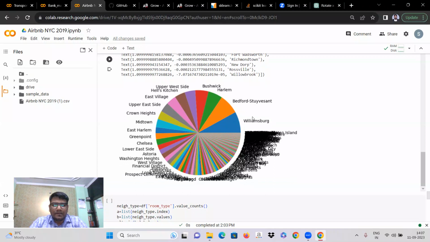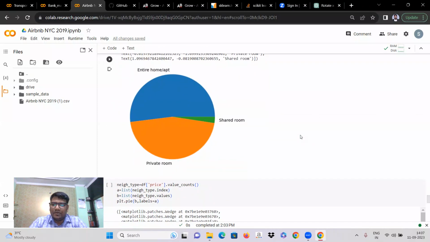So Williamsburg, Bedford-Stuyvesant, Harlem, Bushwick: these are the places where we are able to see the highest peaks, which we were unable to determine exactly in those bunch of bar plots. These are the places where customers have subcategorized the neighborhood and preferred to stay.